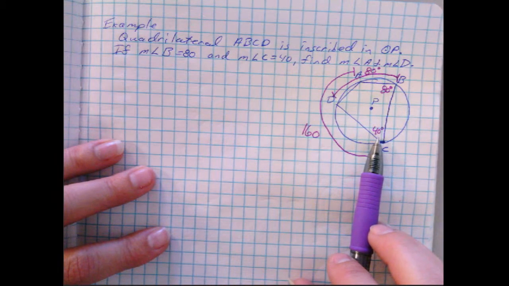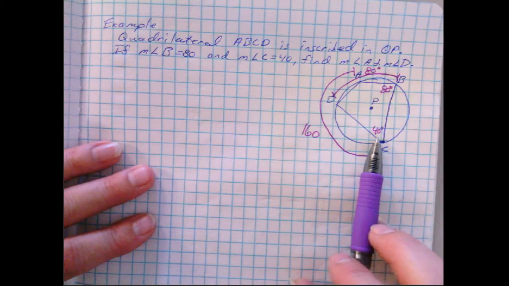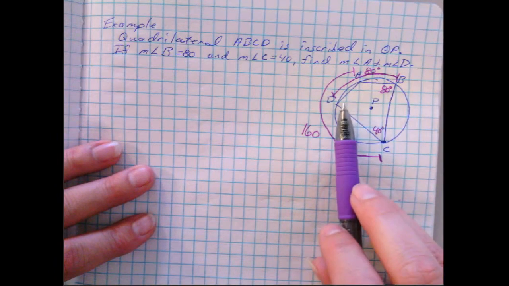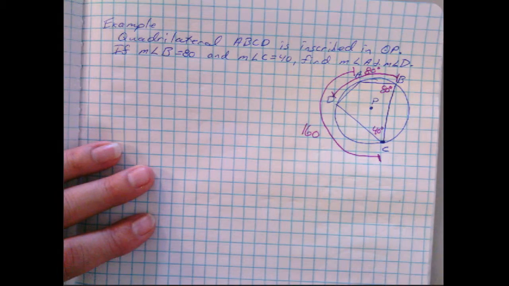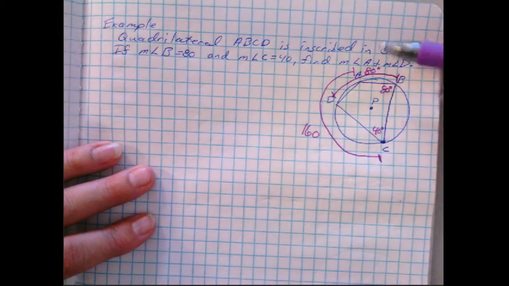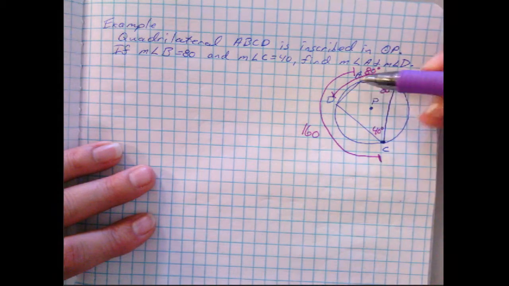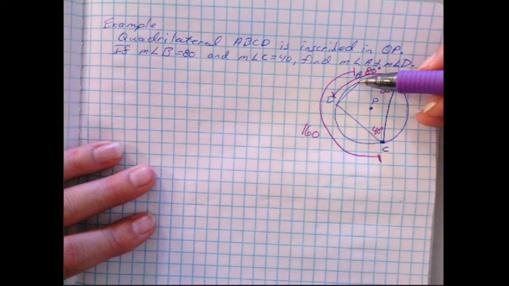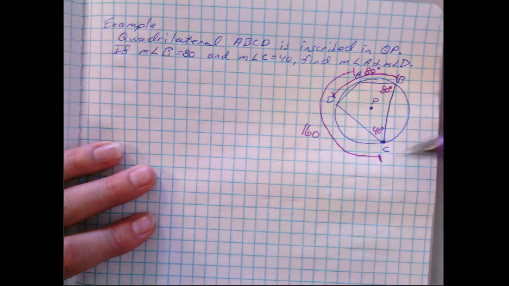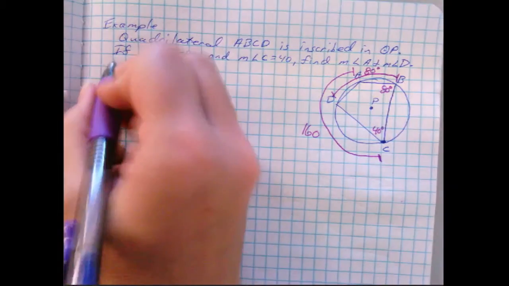So how can we find the measures of A and D? Well, D is intercepting arc A to C. So from A around the backside is 160, we're going the other direction.